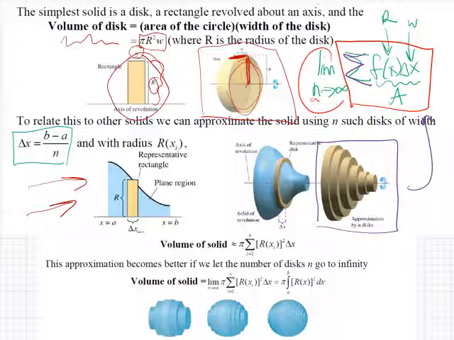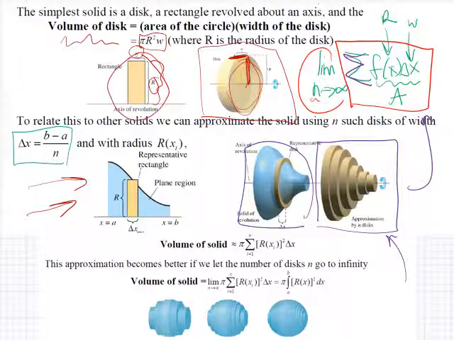It would be the number of rectangles, which would also be the number of disks, right? Because each rectangle creates a disk. So if we could figure out how to find the volume of this, then let n go to infinity for that volume, we would be able to come up with the actual volume. So the volume of all the disks.